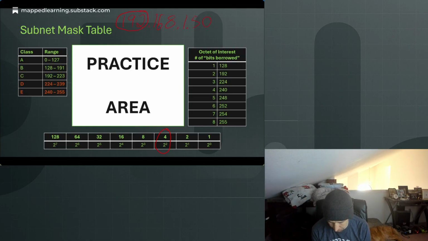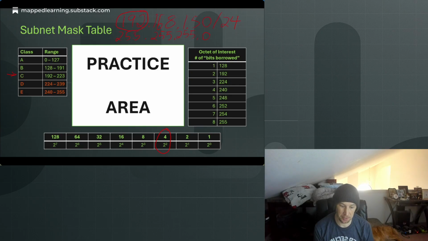And since it's 192, we can see that it is a class C. So what is the default subnet mask for class C? Well, do you remember what the CIDR notation is? If you said 24, you're right. So we put /24. Okay, and that means that the default subnet mask for this IP address is 255.255.255.0. I should have probably picked a class A, but never mind.